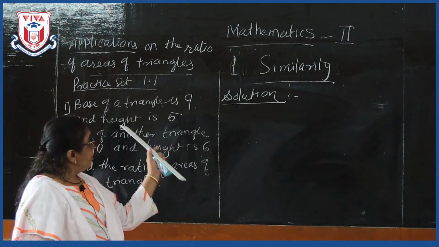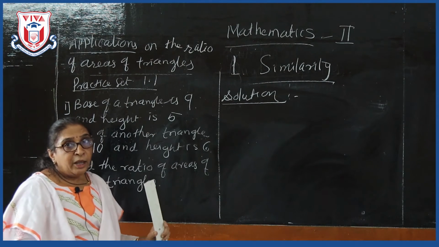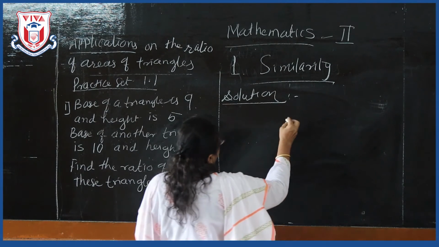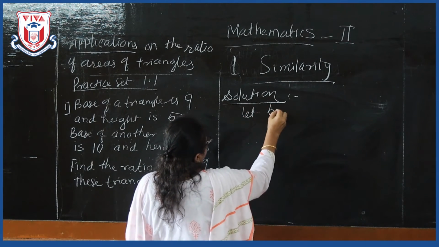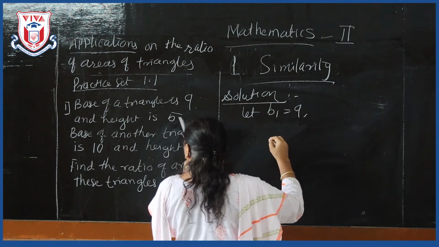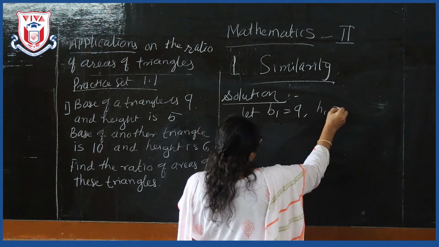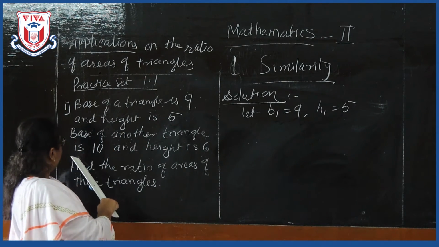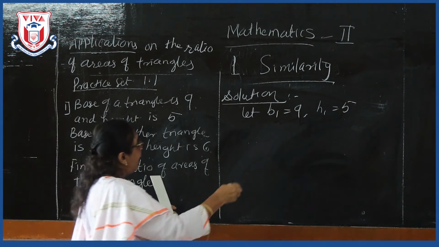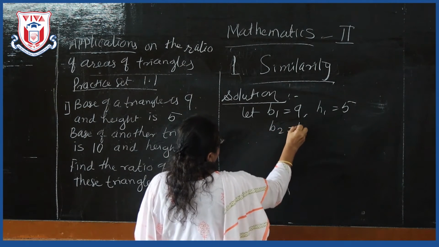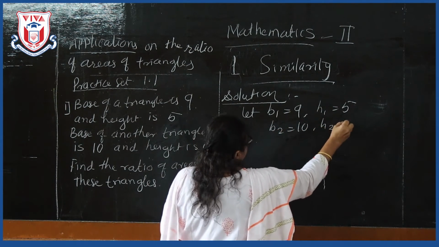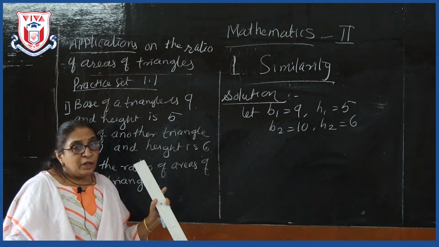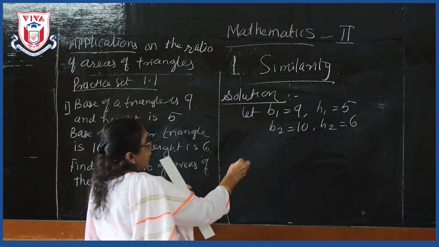Let us consider base and height for the first triangle be B1 and H1. So base of the triangle 9 means let B1 is equal to 9 and the related height H1 is 5. For the another triangle, the base is 10 and height is 6. This is the information given to us. So which formula will apply?